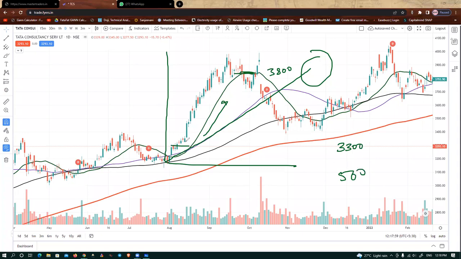How many days? 1, 2, 3, 4, 5, and so on up to 30, and then 1, 2, 3, 4. In 34 days, 500 rupees movement, when the inclination is more than 45 degree, right?